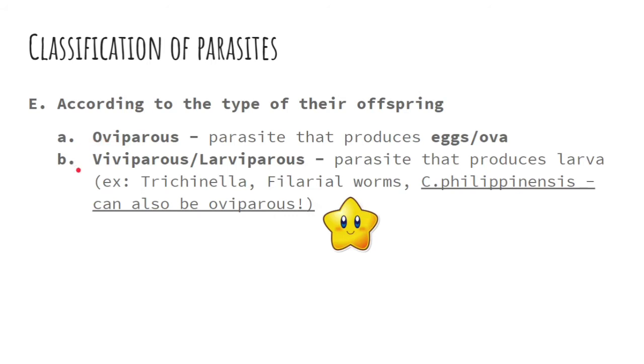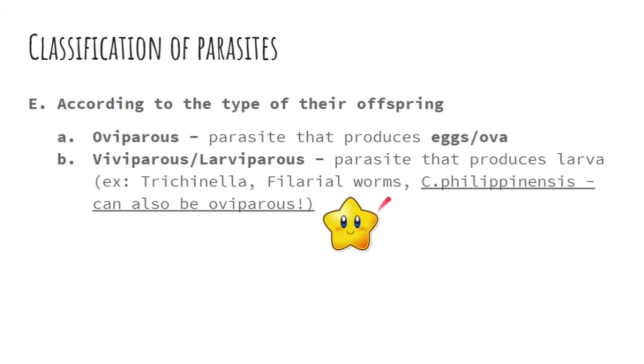While your viviparous or larviparous parasites, these are parasites that produce larva. Diba? Larva, larvae. Please do take note, a good example of the viviparous parasites is si Trichinella, your filarial worms, and Capillaria philippinensis or C. philippinensis.